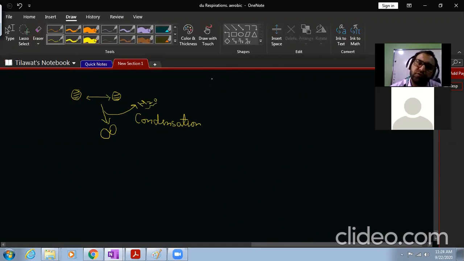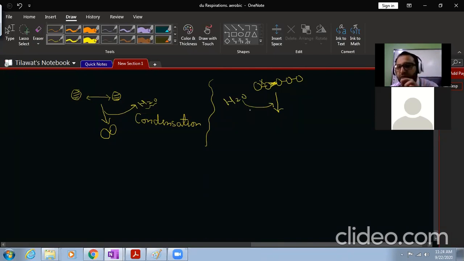While let's suppose I'm converting a polymer to its monomer, this is a polymer, and I'm going to convert it to the small basic molecule. So at that time, I have to add water. For what? For breaking up this bond.